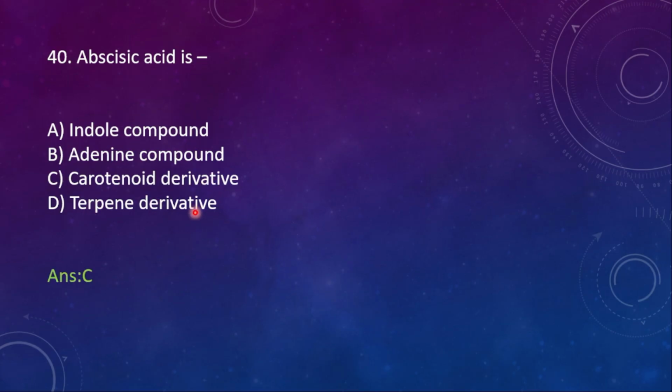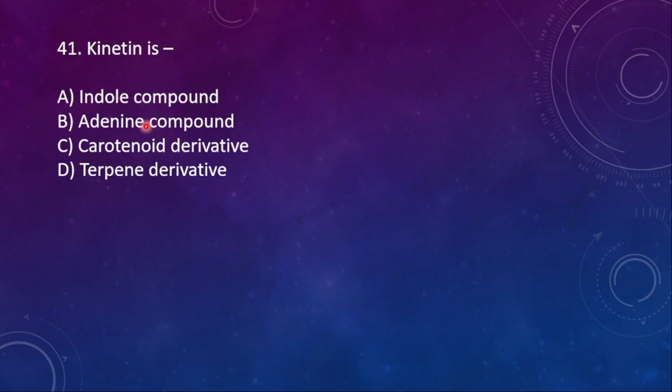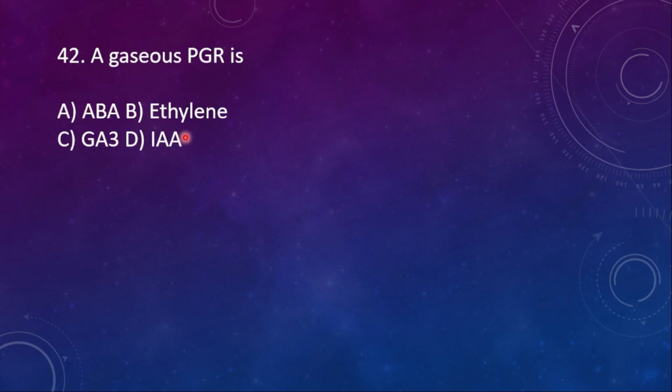Here the right option is C. Abscisic acid is a carotenoid derivative. Question number 41. Kinetin is an indole compound, B, adenine compound, C, carotenoid derivative and then D, terpene derivative. Here the right option is B, adenine compound.